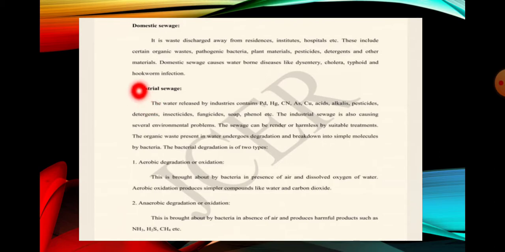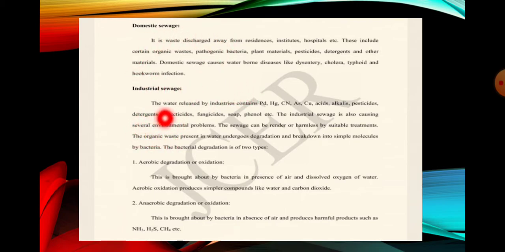It includes organic waste, pathogenic bacteria, plant materials, pesticides, detergents and other materials. Domestic sewage causes waterborne diseases, that is dysentery, cholera, typhoid and hookworm infection. These are the effects of domestic sewage.